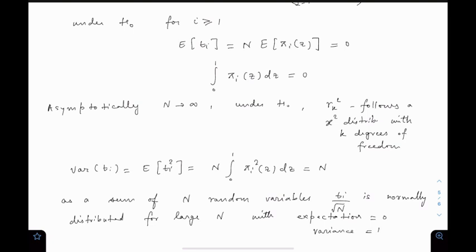And due to the orthogonality of the pi_i's, the t_i's are uncorrelated. For small n, the distribution of the test statistic has to be obtained by a Monte Carlo simulation.